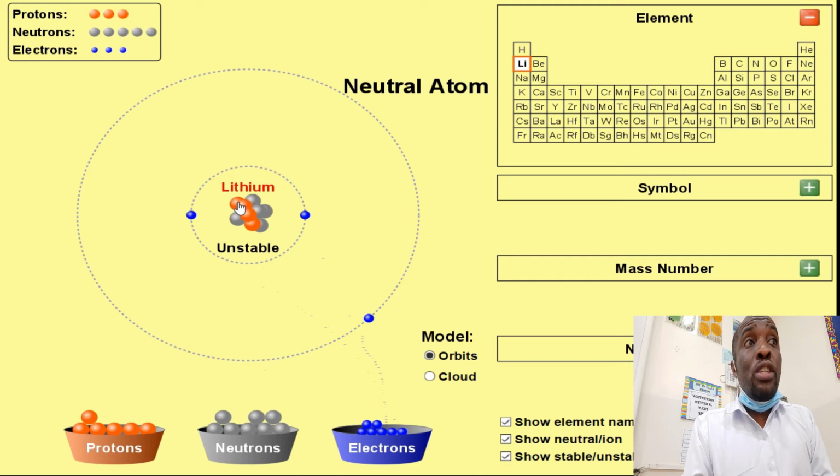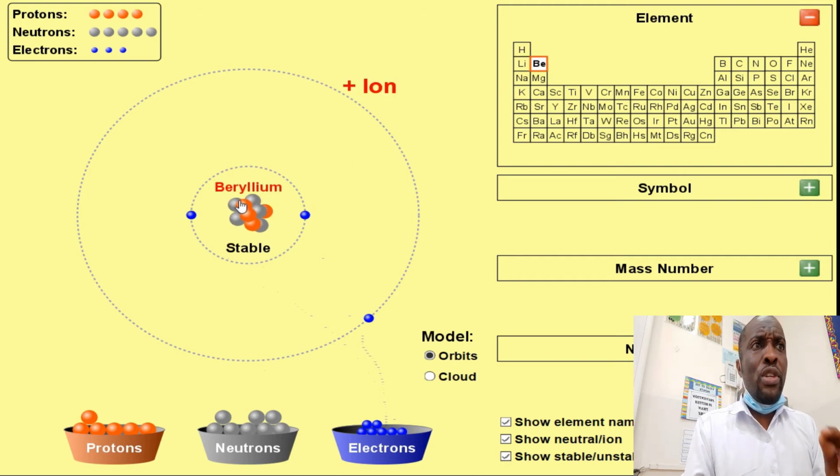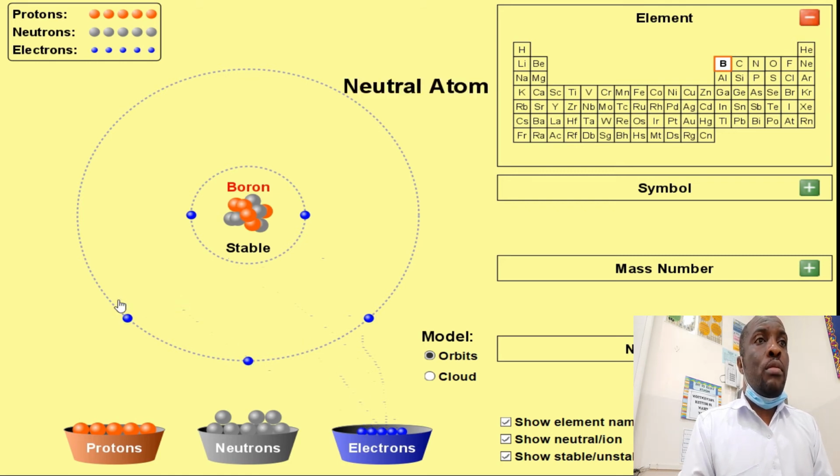Lithium changes to beryllium. You see that? So your lithium changes to beryllium. Another proton, of course, your beryllium changes to what? Your boron. And since we have ions, we introduce our electrons. Excellent. That's your boron neutral atom.